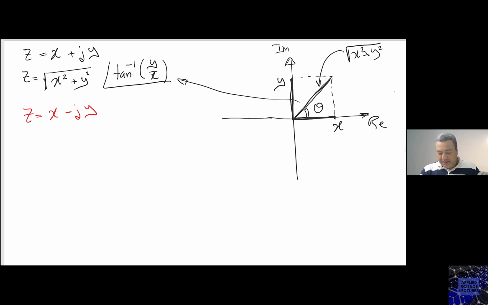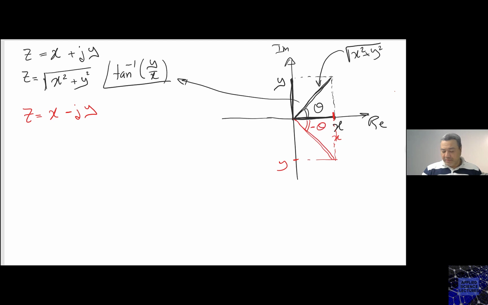So in this case, again, this is the x, imaginary is negative here, and in this case, the angle would be in the fourth quadrant, and would be minus theta.